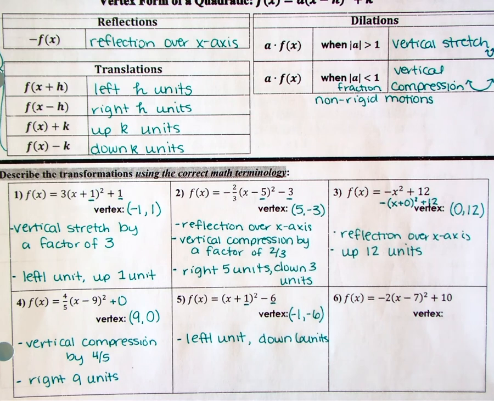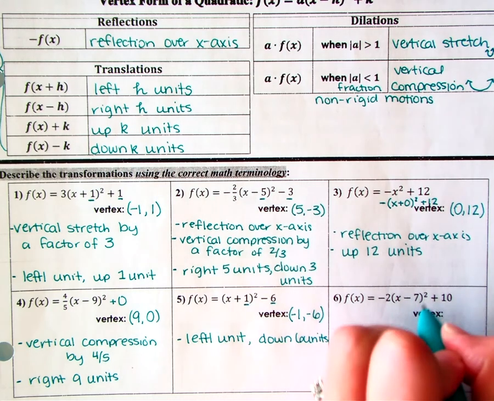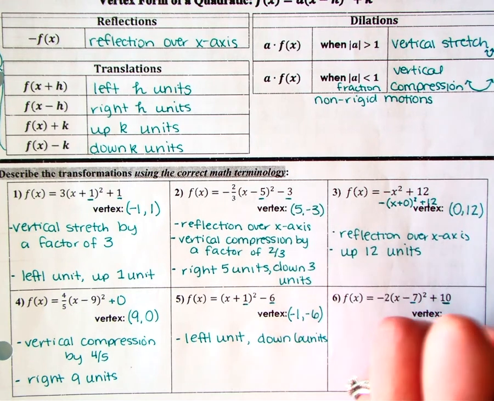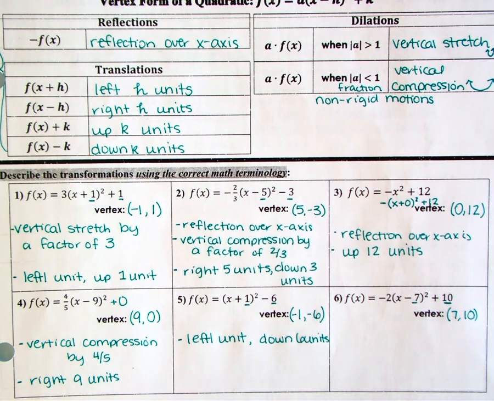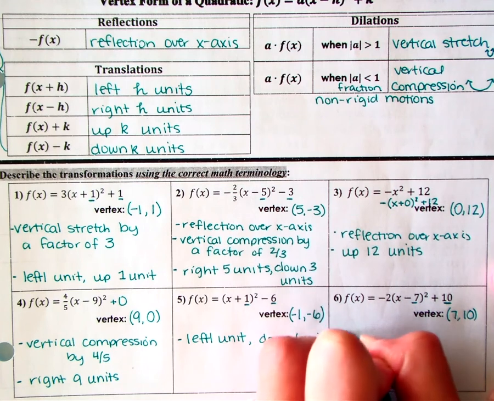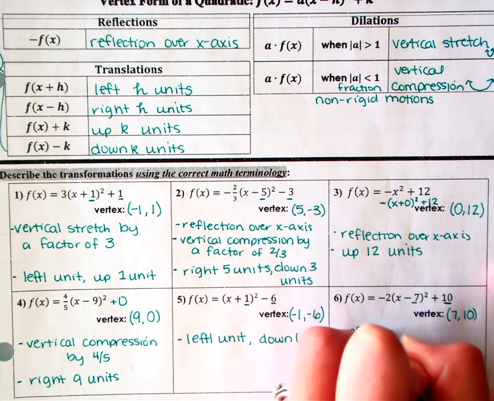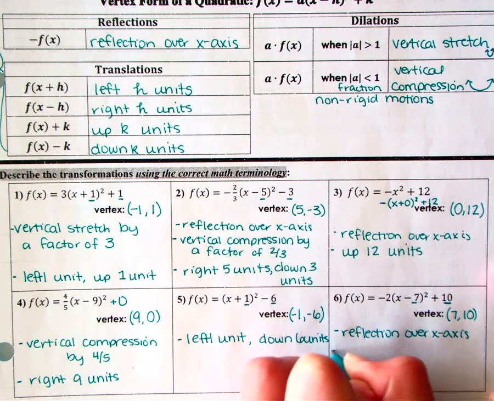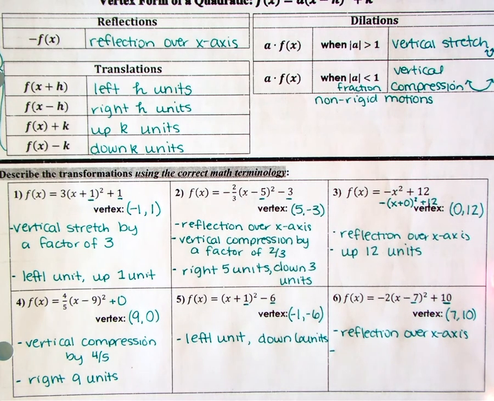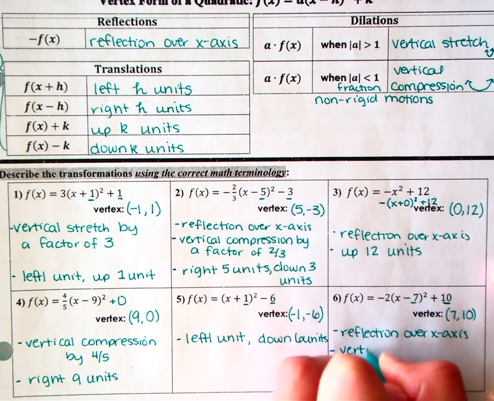All right, and then the last one, we've got all the tricks in there. So vertex, opposite h, k stays the same, so we've got 7, 10. We've got a negative in front, so a reflection over the x-axis. A 2 in the front tells me, since it's greater than 1, we've got a vertical stretch.